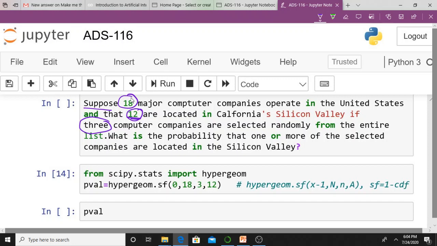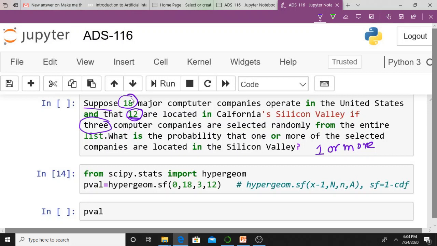What is the probability that one or more of the selected companies are located in Silicon Valley? What is the question here? One or more. How do we define the survival function? Survival function evaluated at 7 is 8 or more. Here I need 1 or more.